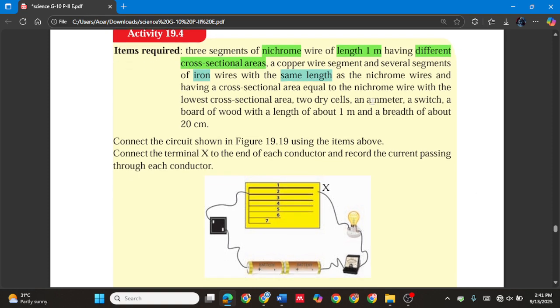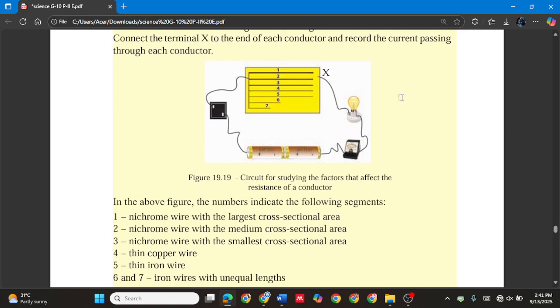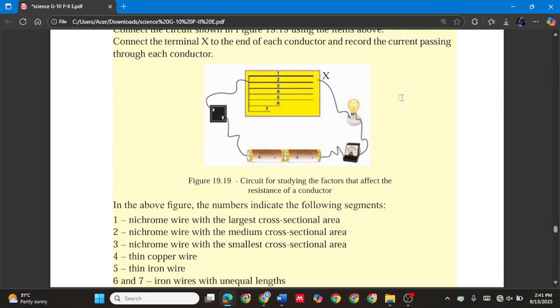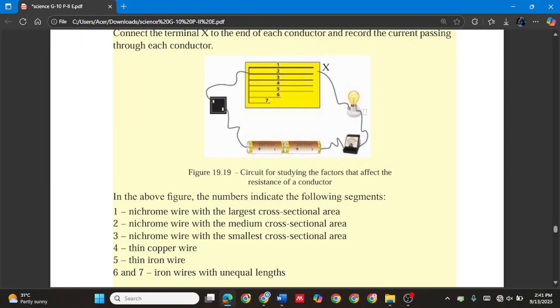Ammeter, yeah, it's an ammeter. So ammeter, battery, ammeter, bulb, switch and conductor wires.